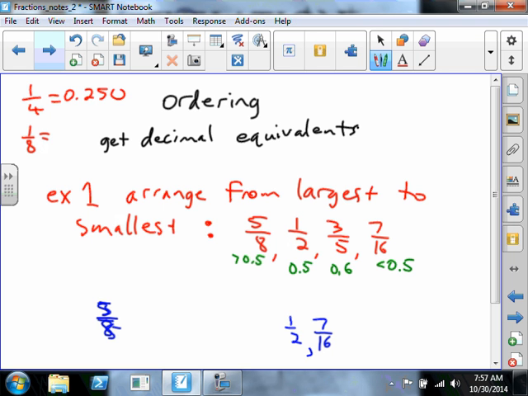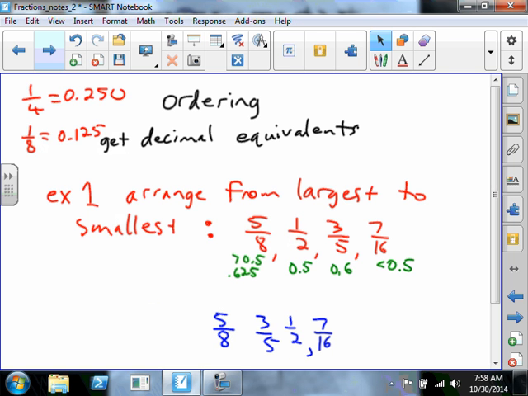Half of 250 would be 125. Okay? So if we think about the number 5/8, 5/8 is 500 and then another 125 on top of that, right? So 5/8 is 0.625. So in order then from largest to smallest, we would have 5/8, 3/5, 1/2, and 7/16.